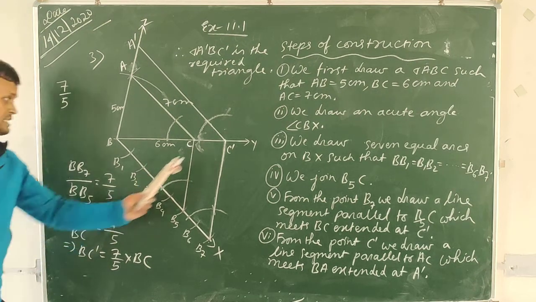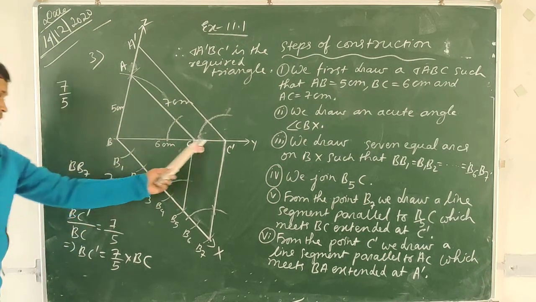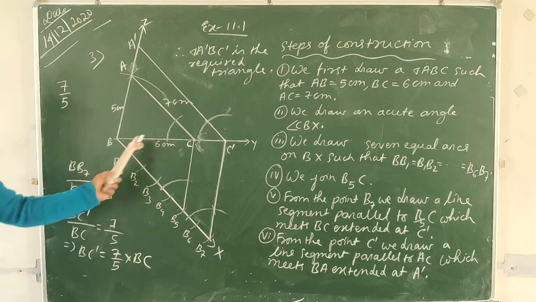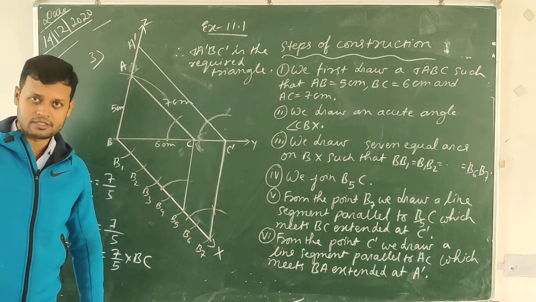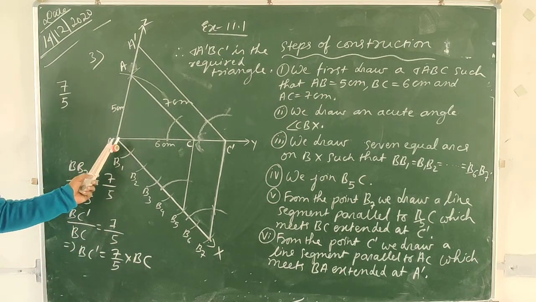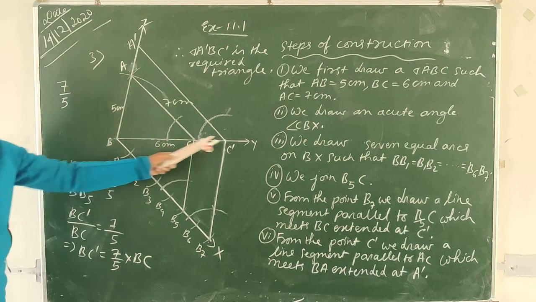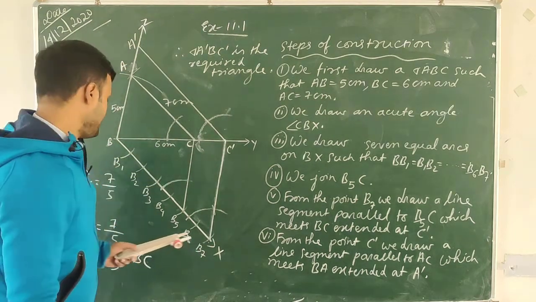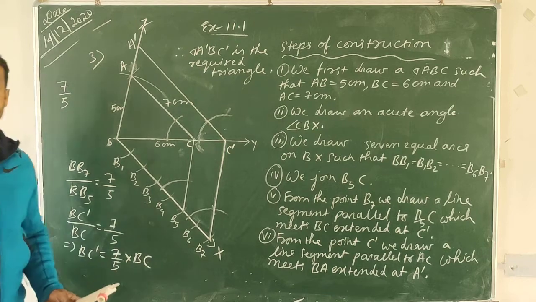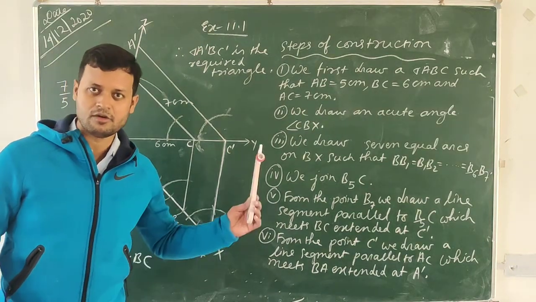So that means each side of the new triangle is 7 by 5 times the smaller triangle. Understood? Each side of the new triangle, this one, A dash B C dash, is 7 by 5 times the original triangle.